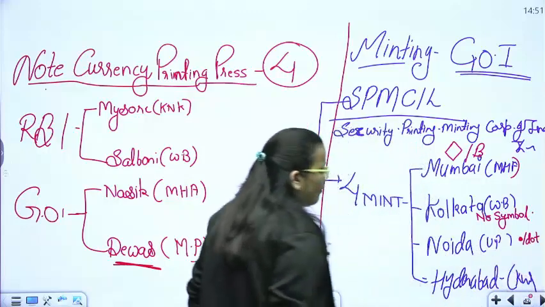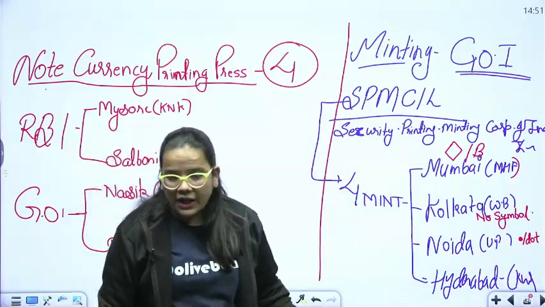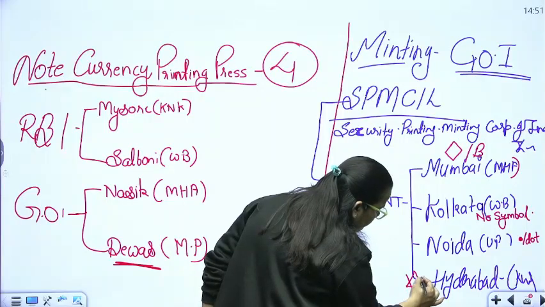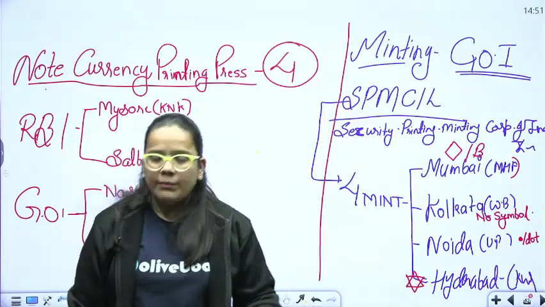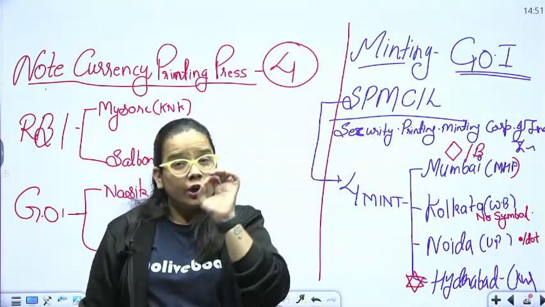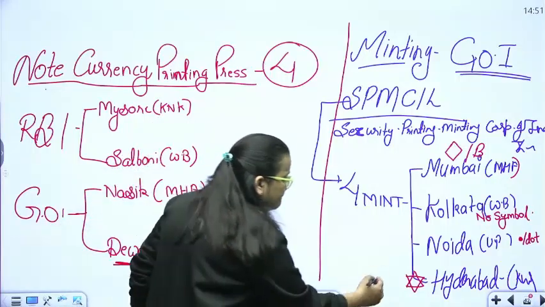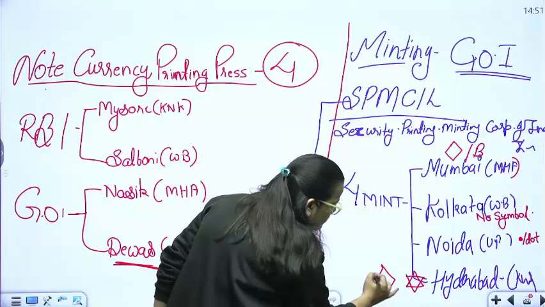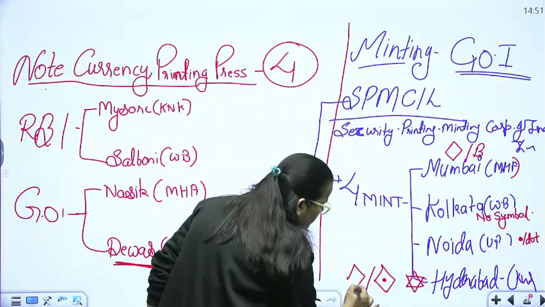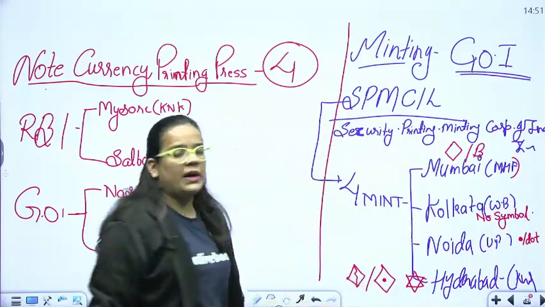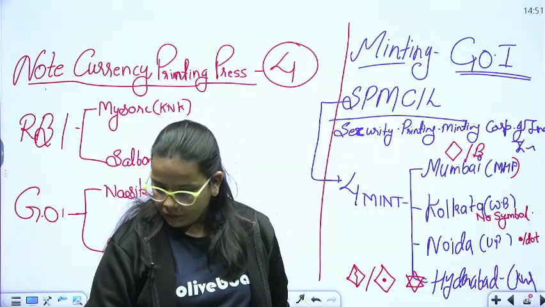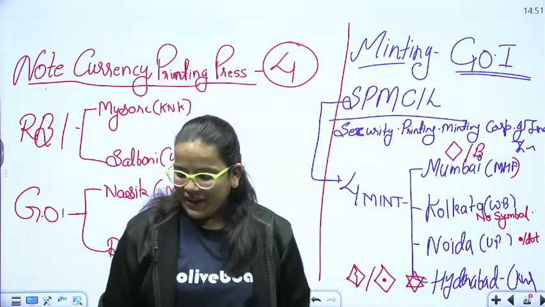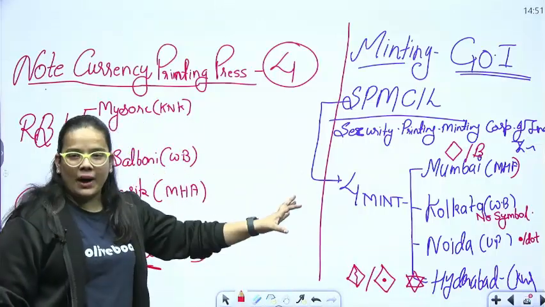If a particular coin is minted in Hyderabad, it has a star mark, or sometimes a split diamond, or sometimes a dot with a diamond. Okay. So this is the minting part of RBI.